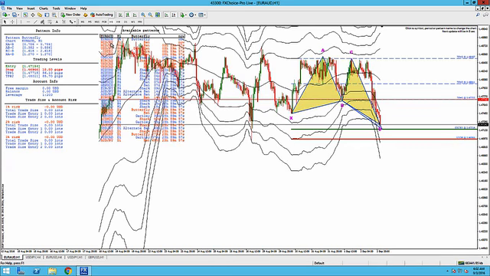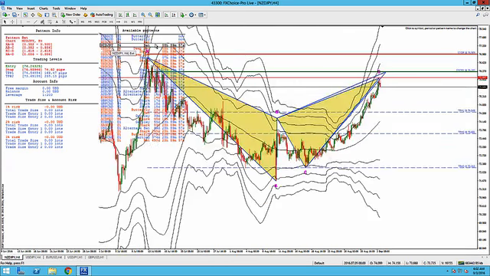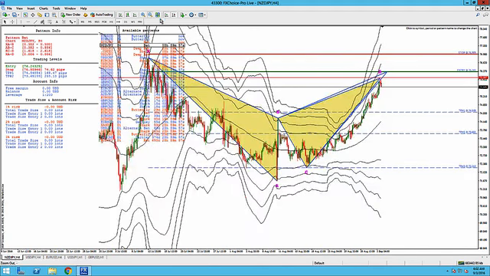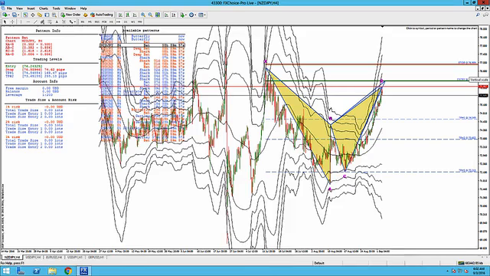We have other patterns called the bat. Okay, you can see another example. The market makes a high, down, up, and harmonic patterns are very, very high probability patterns.